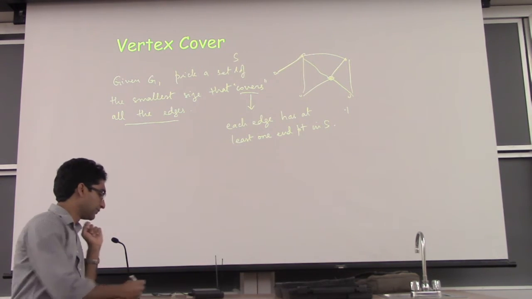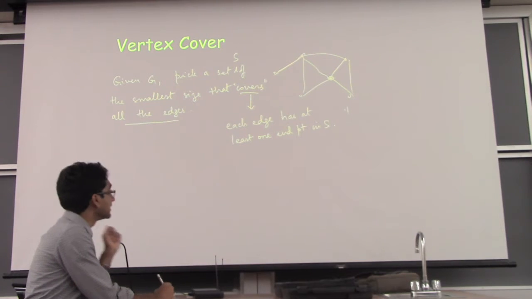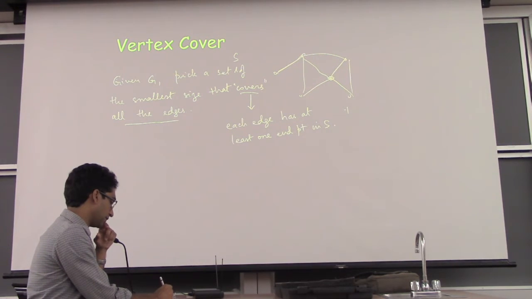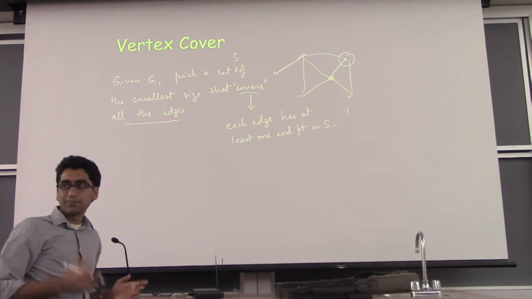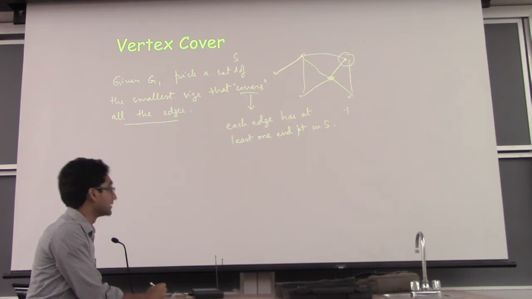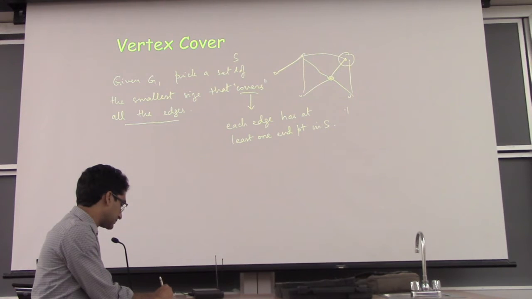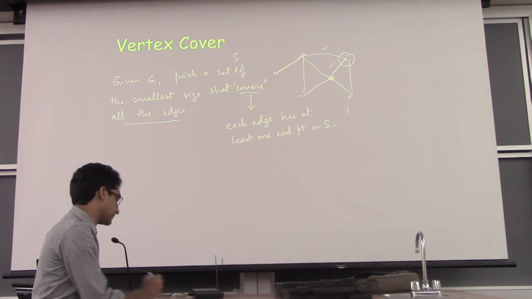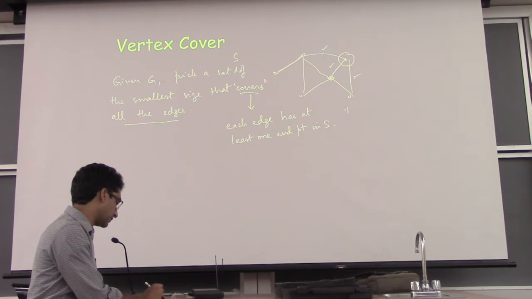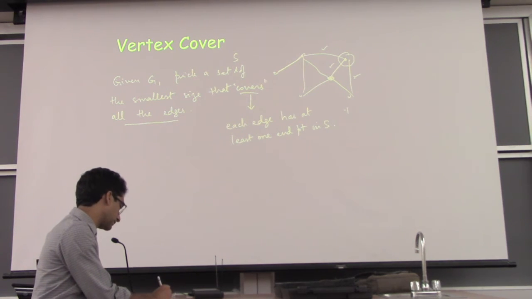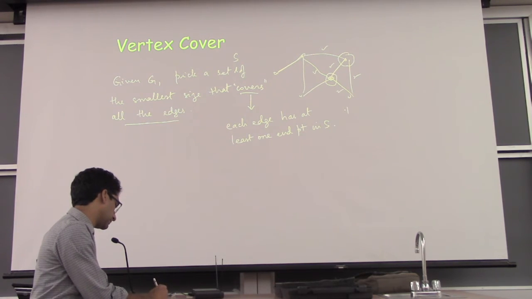So for example, in this small example, maybe the middle one? Yeah, you could also pick the middle one, but let's say I pick this one. Then this edge is covered, this edge is covered, this edge is covered, right? And these are not. So maybe I pick this one also. Then this and this are covered.